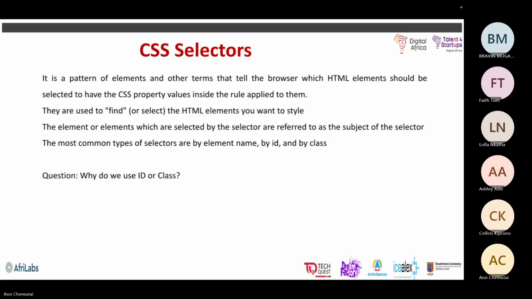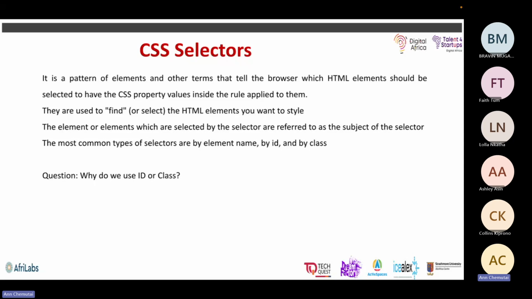Now, in CSS, we also have selectors, right? This is a pattern of elements and other terms that tell the browser which element should be selected to have that value. If you remember yesterday, the structure of a CSS code, we have the element, that's the selector that we were talking about, and then we have the declaration.